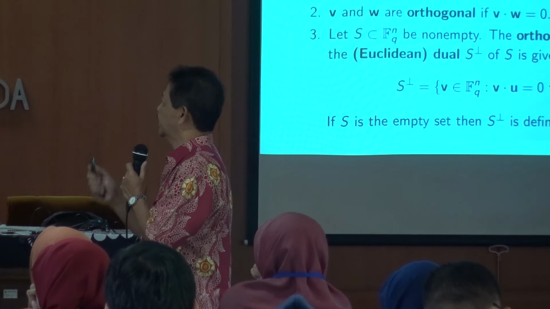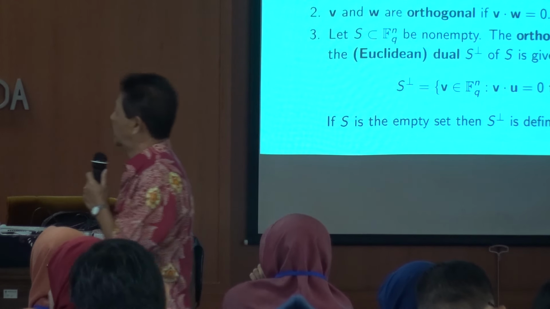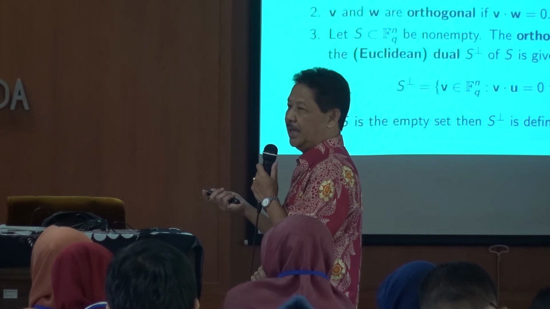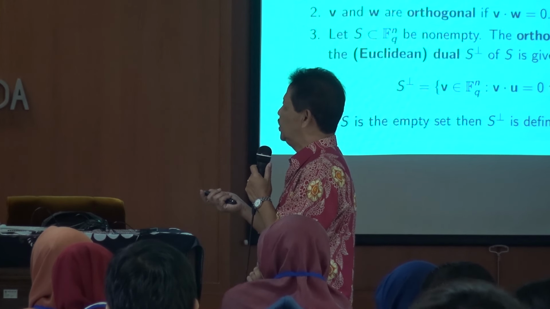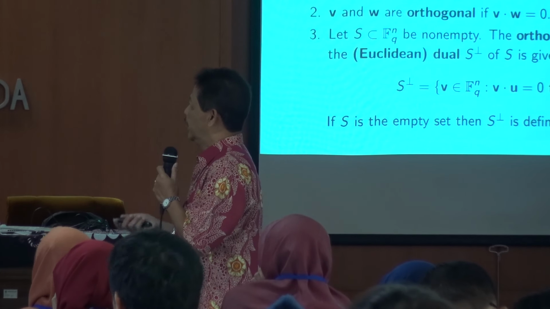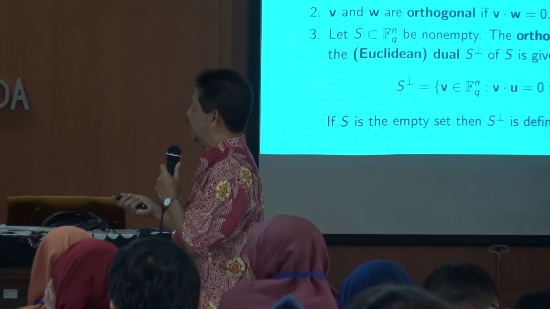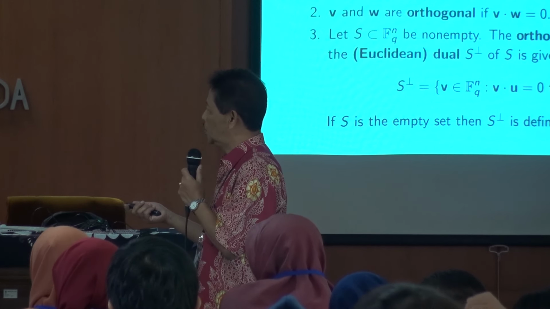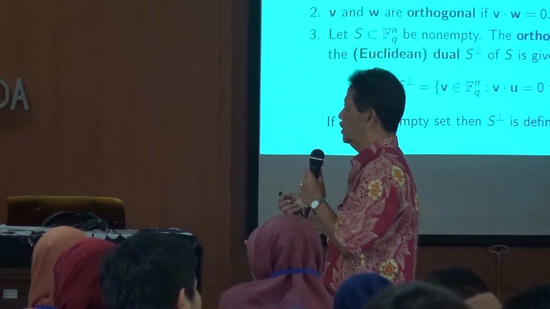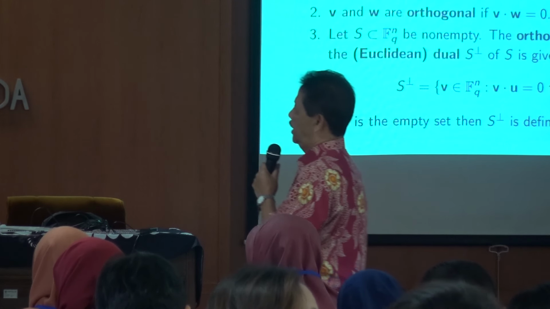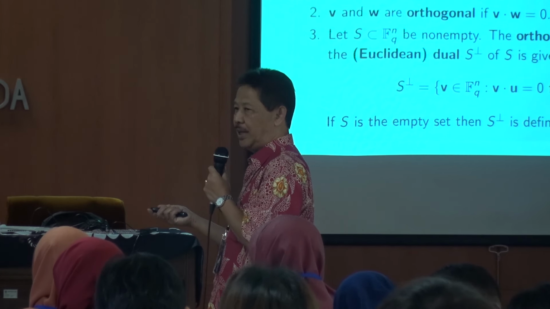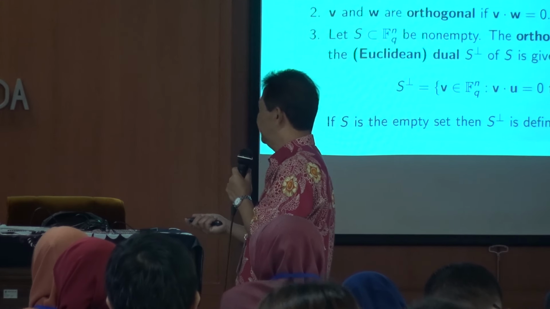If v and w are vectors in F_q to the n, the Euclidean inner product, or scalar or dot product, of v and w is defined like this. We multiply their components and then sum the results. And v and w are orthogonal if the inner product of v and w is 0.